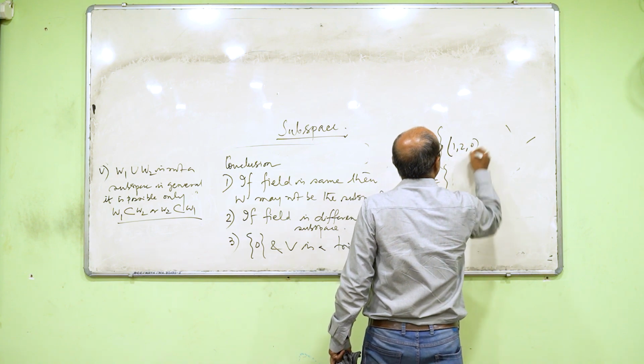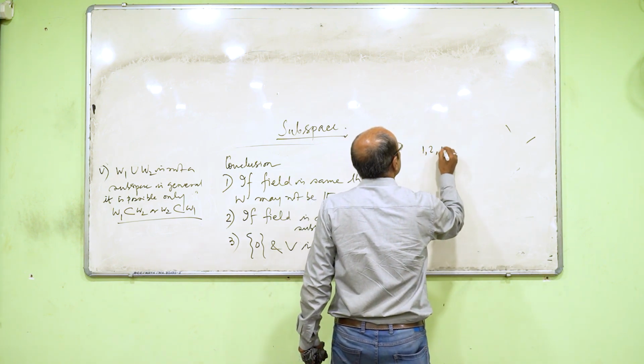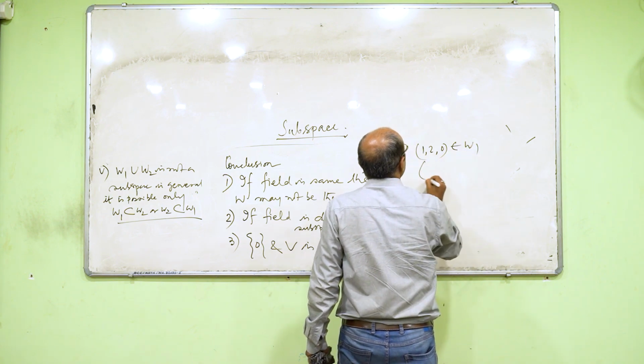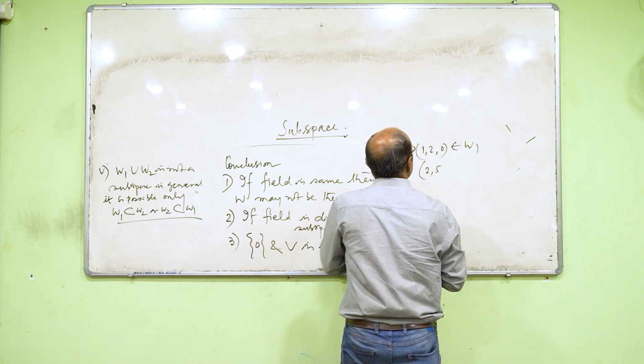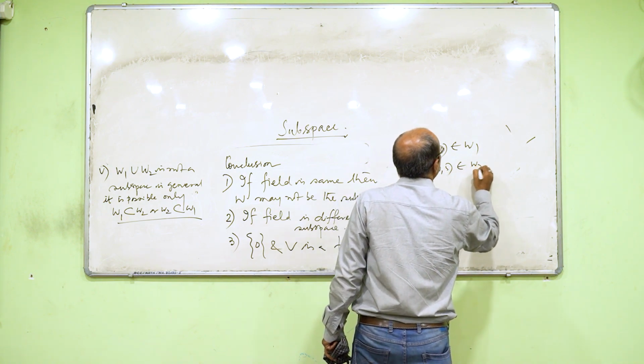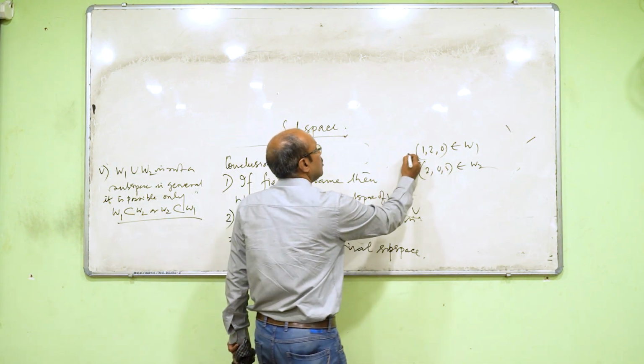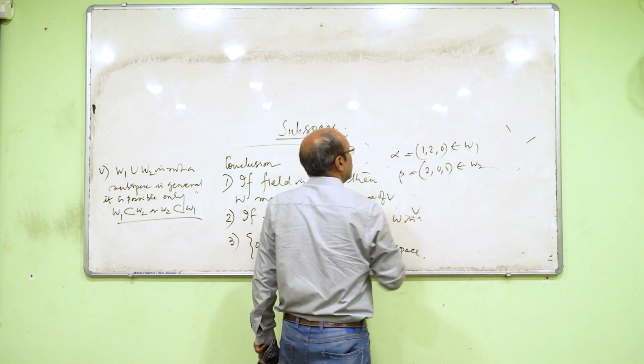If we take another example, (1, 2, 0) belongs to W1 and (2, 0, 5) belongs to W2. That is alpha, that is beta.